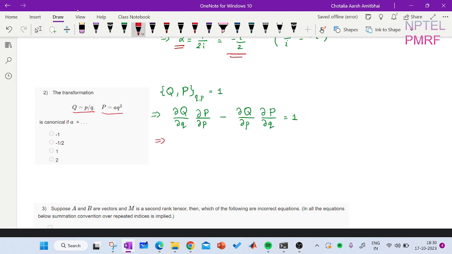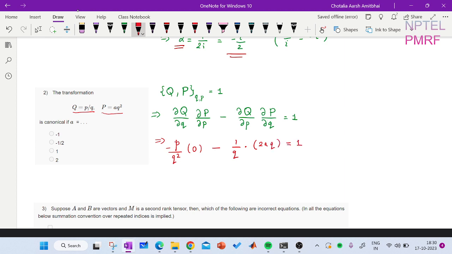Okay, so derivative of capital Q with respect to small q is, sorry, minus p over q square, and capital P with respect to small p is just 0. Capital Q with respect to small p, that is 1 over q, and capital P with respect to small q, that is 2aq, right?